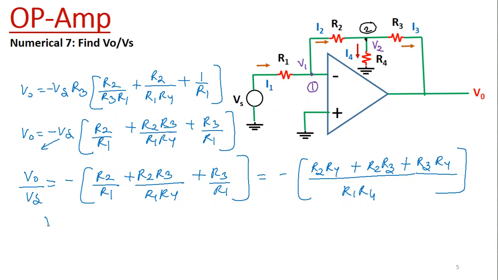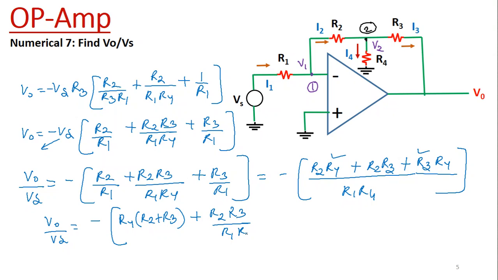Now it can be simplified again. V0 by Vs is equal to minus of. So we take out R4 common from here. So we get R4 into R2 plus R3, then plus R2 R3 divided by R1 into R4. This is divided by R1 into R4.